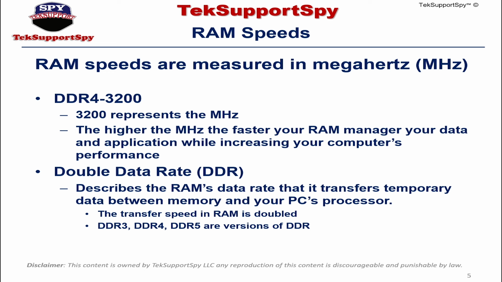But understand, when you find out what RAM type your computer, desktop, or laptop needs, whether it's DDR4 3200, DDR4 4500, DDR5 6000, DDR5 4500, understand that DDR4, DDR5, that's just the version of the double data rate for that RAM type. And then the number afterwards is just the megahertz. It's the speed at which that RAM stick can process data.